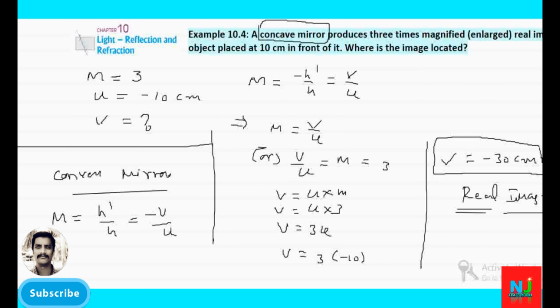So this is the formula you should remember for the convex mirror, and this is the formula you have to keep for the concave mirror.